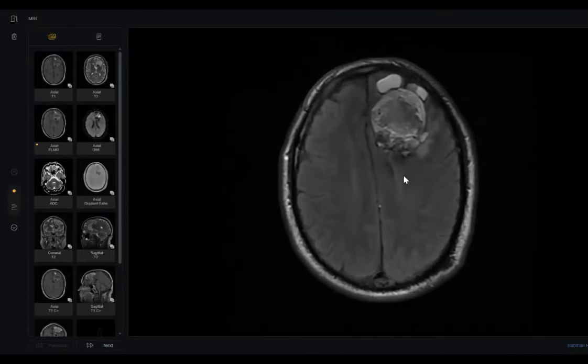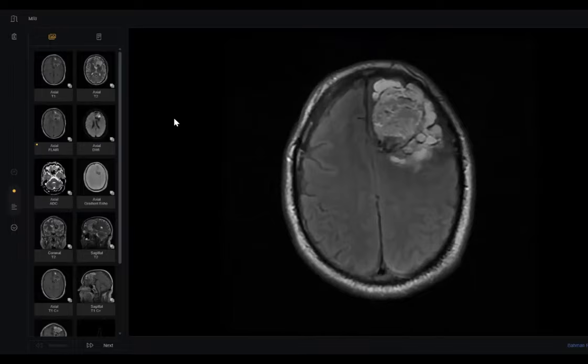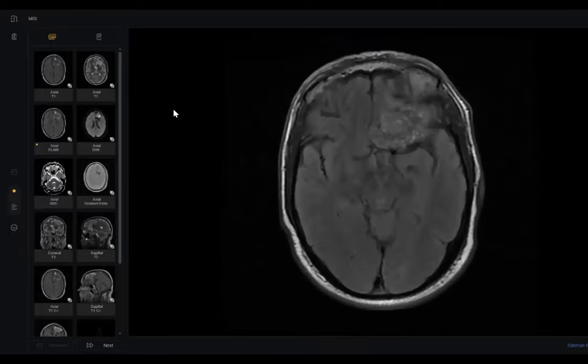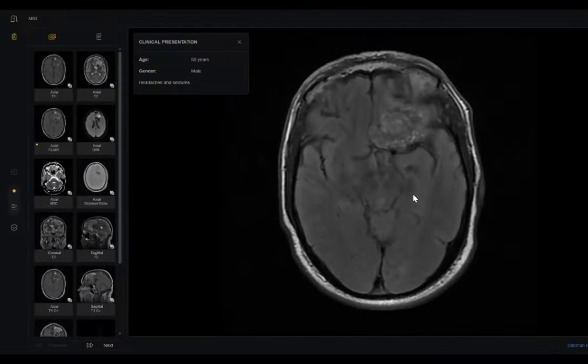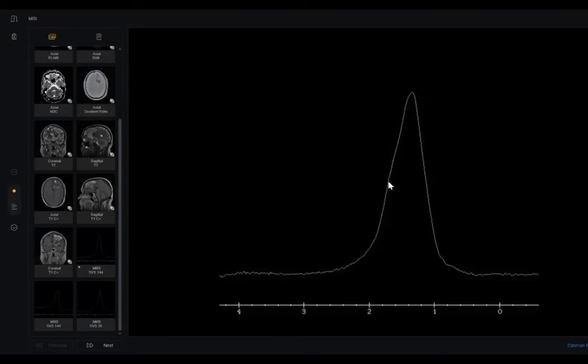And in this age group, the patient I think was 50, most of the hemorrhages are hypertensive, so you must see them at the basal ganglia level, not here. And he gave you the MRS. This is the lipid lactate at about 1.